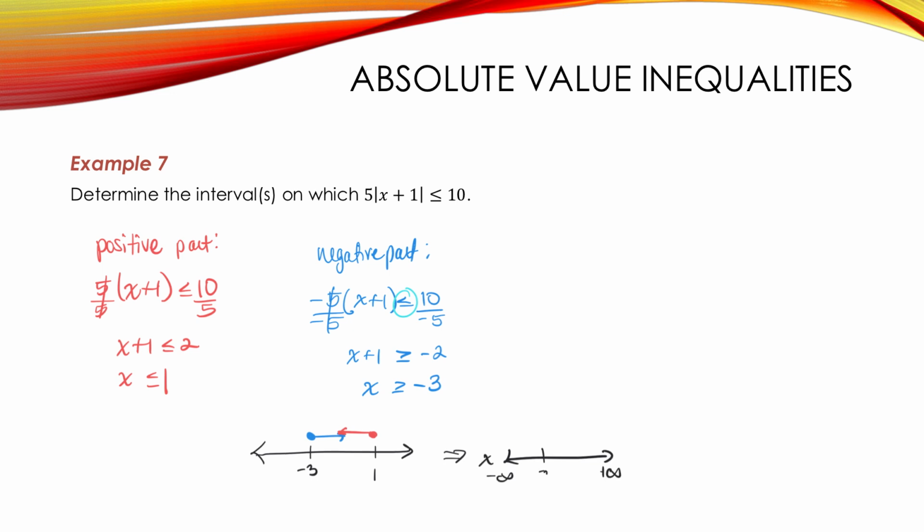It's going to go from negative 3 to 1, and they're both going to be filled in. Forgot the negative down here. Give me a second. There we go. Negative 3 is less than or equal to x, which is less than or equal to 1. Or negative 3 to 1 in brackets.